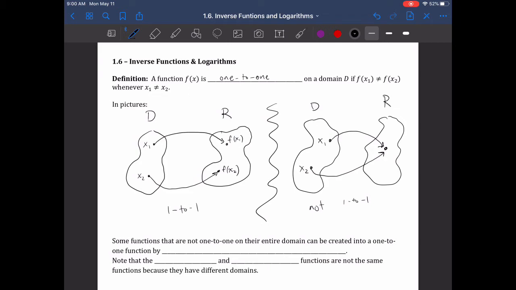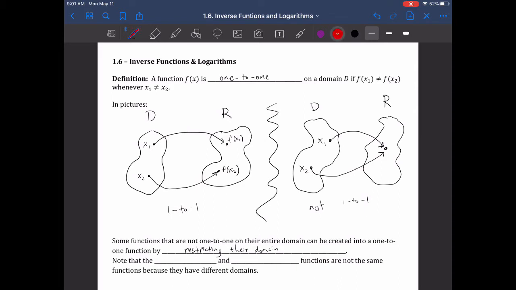Some functions that are not one-to-one, though, we can basically make them one-to-one, or at least make a version of them that is one-to-one, by limiting or restricting their domain. Okay, so we could do that so that we remove any of the parts that won't work.